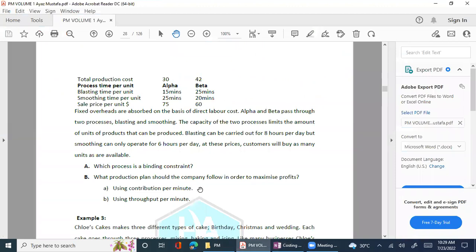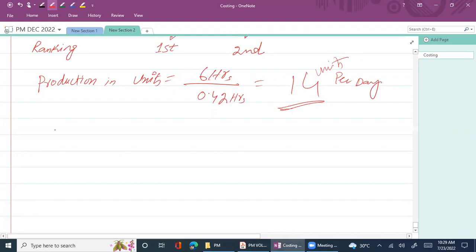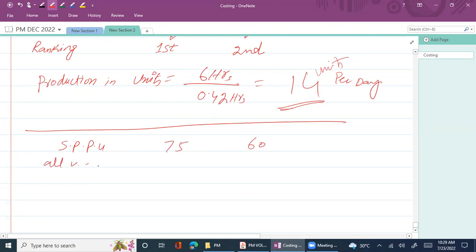And if we use the concept of contribution, the contribution concept is very simple. You have already done sale price per unit, 75 and 60. Now we will use the figure of all variable cost per unit, then we will arrive at the contribution per unit.